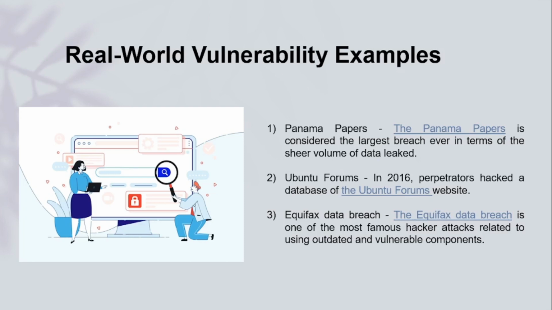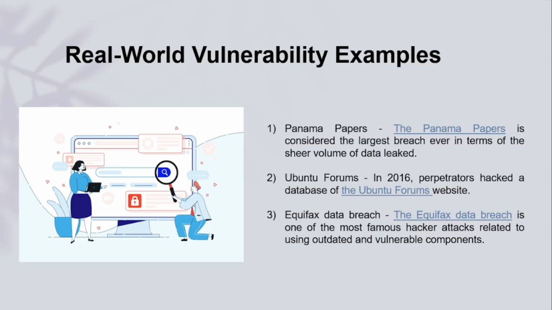Here are some real-world examples of breaches caused by OWASP A06. Panama Papers. The Panama Papers is considered the largest breach ever in terms of the sheer volume of data leaked. Hackers stole the files from the computer systems of law firm and corporate service provider Mossack Fonseca.